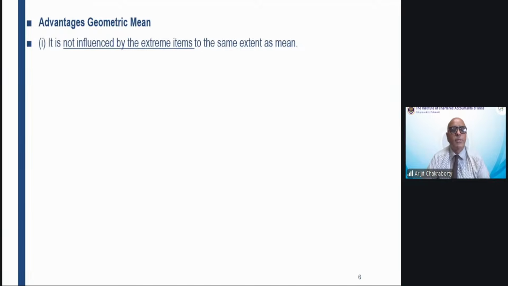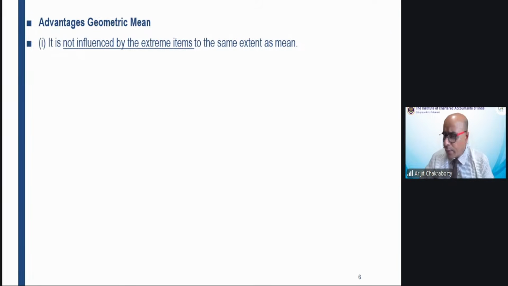First advantage, it is not influenced by the extreme items to the same extent as mean. So mean gets affected to a larger extent by extreme items. In the last session, I was giving an example of extreme values, extreme items. Definitely, arithmetic mean has a higher level of fluctuation. The AM will fluctuate wildly if there are a few extreme observations present, extreme values.